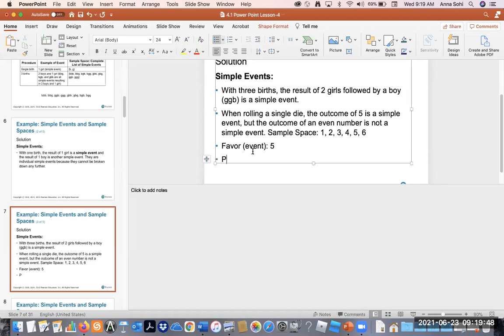Then I would say, what is the probability, which I show with P, of rolling 5? So we're going to get to probability too. Probability would be your favor over total. So the number of favors, number of possibilities of favors, and number of total.